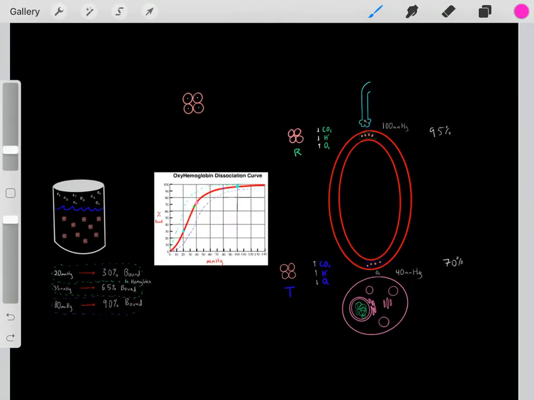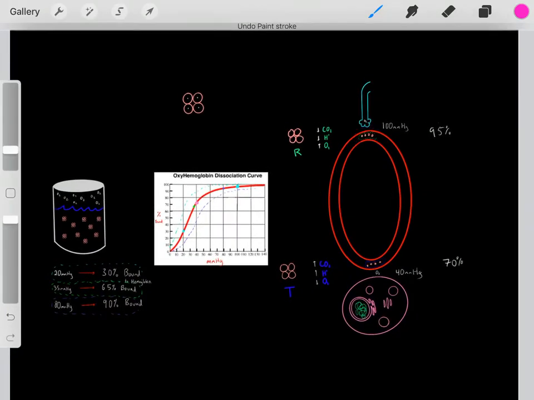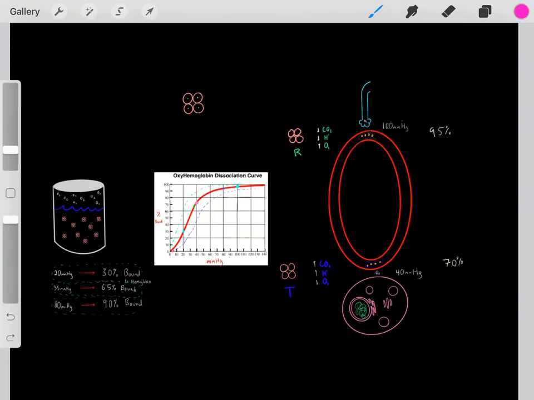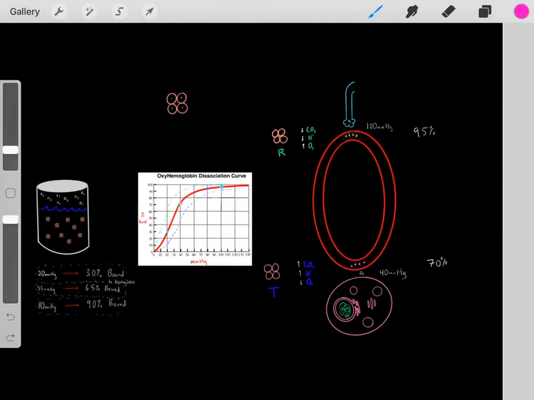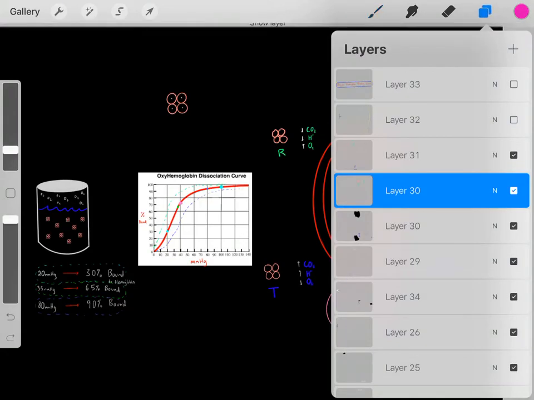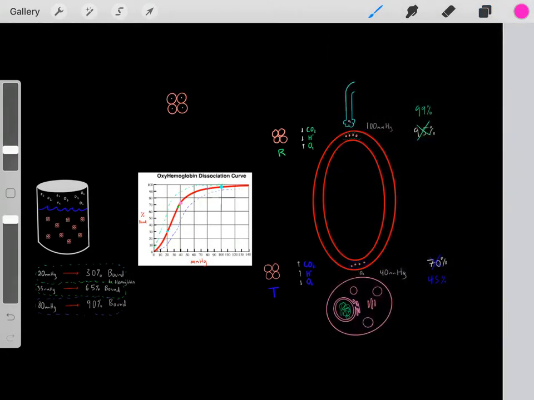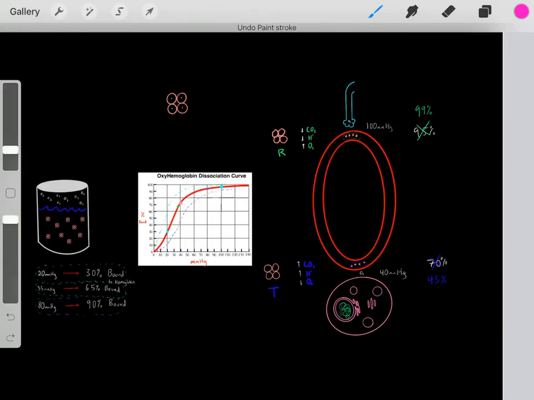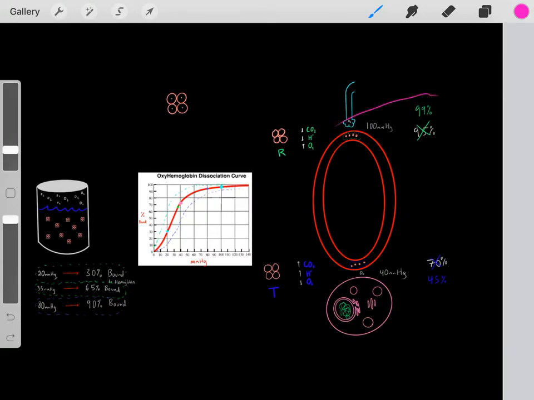This is a beautiful system because when the hemoglobin is up here, it turns to the R state where it binds oxygen very tightly. However, when the hemoglobin is down here, it turns into the T state where it binds oxygen very weakly. So when the hemoglobin is up here, it's in the R state, and we see for the R state, at this partial pressure nearly 99% of the hemoglobin is bound.